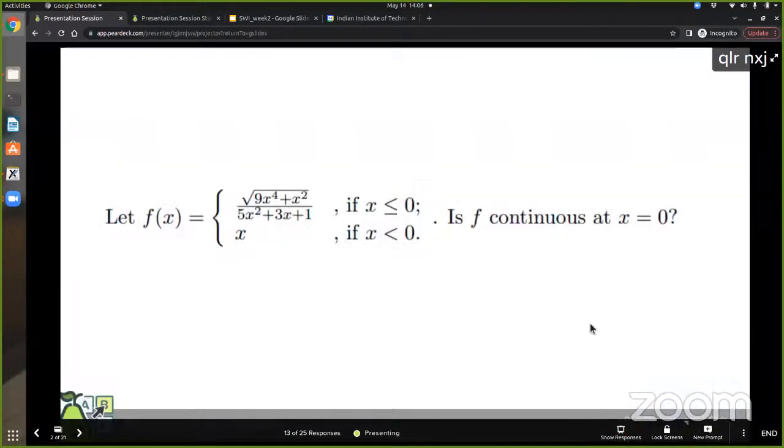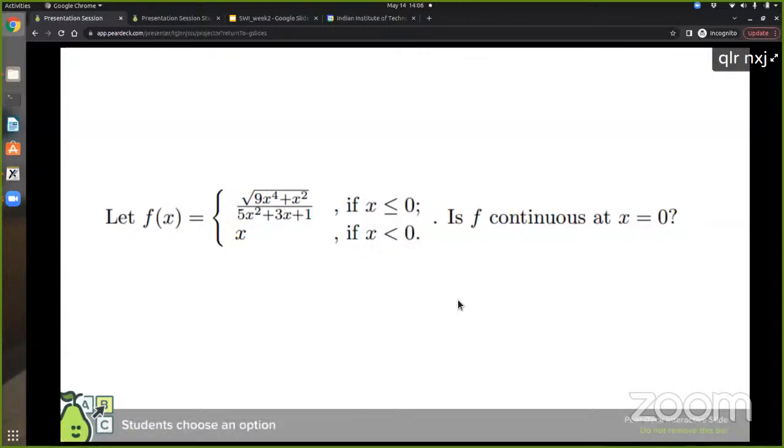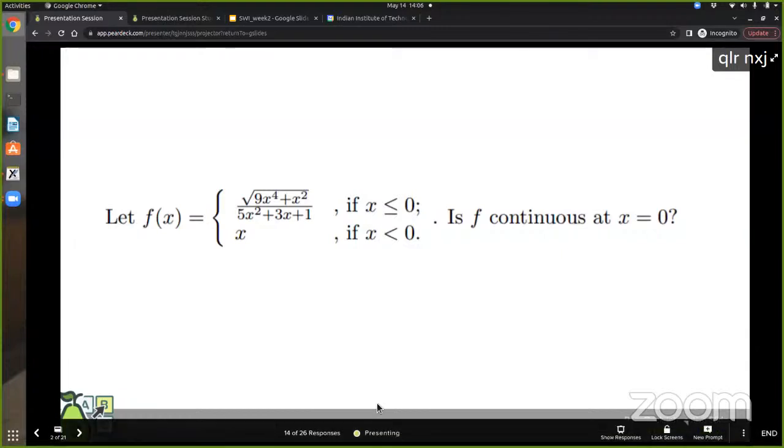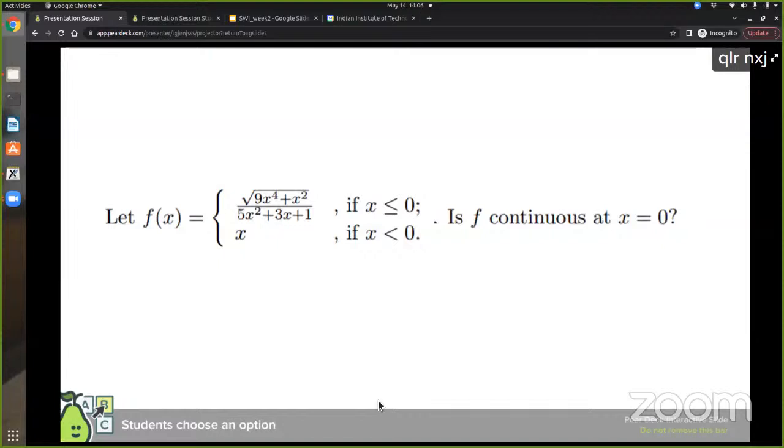May I ask a different query? We have two sessions at the same time, the maths 2 session and the machine learning foundation session, 2 to 4. We mailed the support team, but no reply yet. I couldn't understand what you're saying, can you please repeat? There are two sessions going on for diploma students, maths 2 and this session.